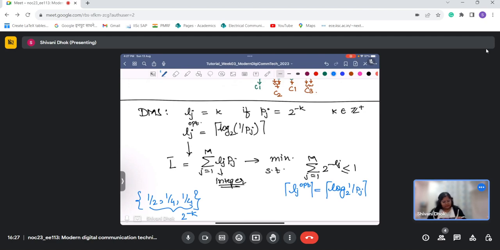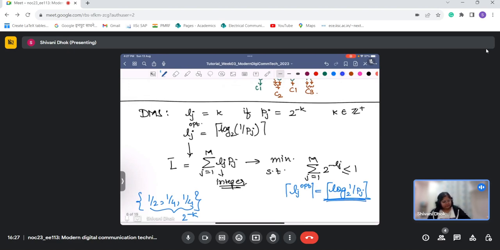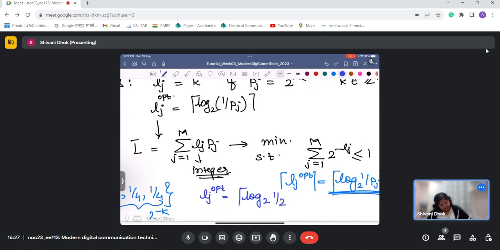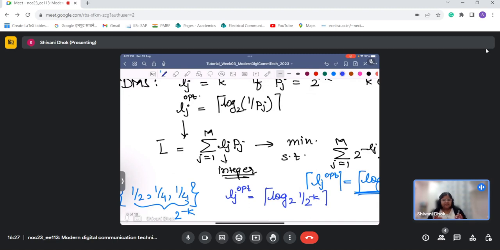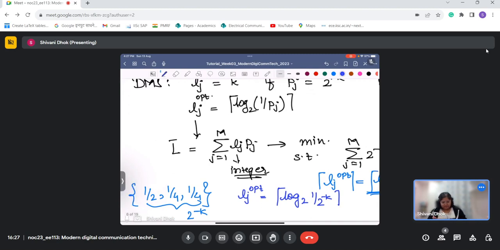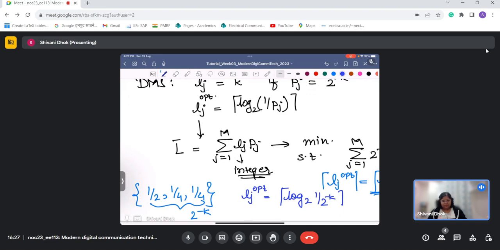Now using this optimal value, whatever we have obtained here, log to the base 2 of 1 by pj, if I use this Lj opt as log to the base 2 of 1 by 2 to the power minus k, you'll get something like this, where this k is a positive integer. 1 upon 2 to the power 1, 1 upon 2 to the power 2, it is a positive integer.